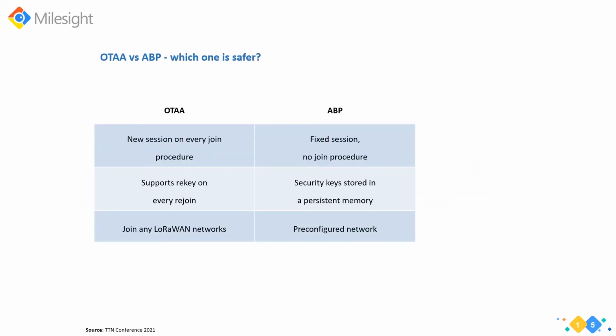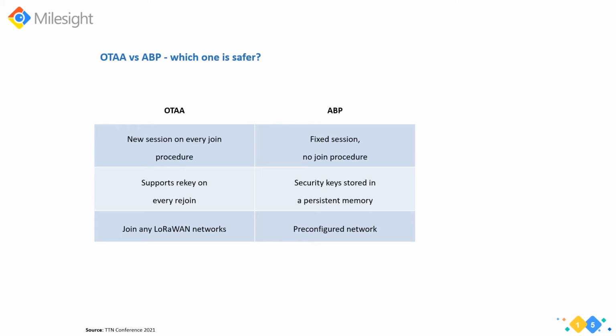And you may ask, which one is safer? Well, I think it's highly recommended to use over-the-air activation, because there's a new network session key and application session key every time the device joins the network. But in ABP mode, it's always the same. The end device always uses the same session keys.